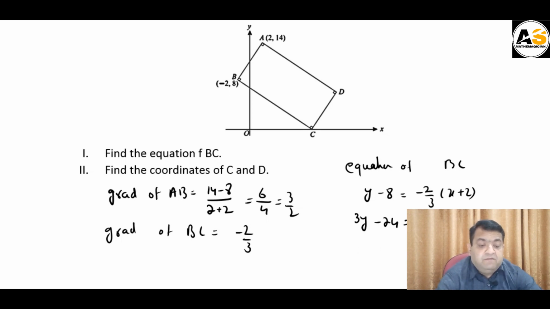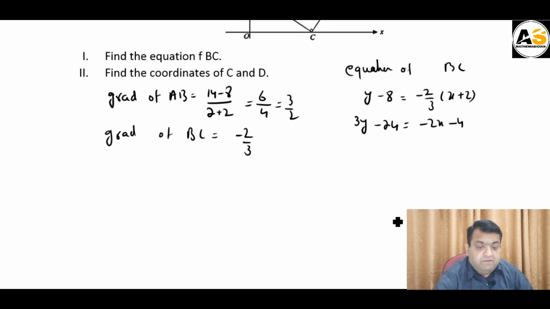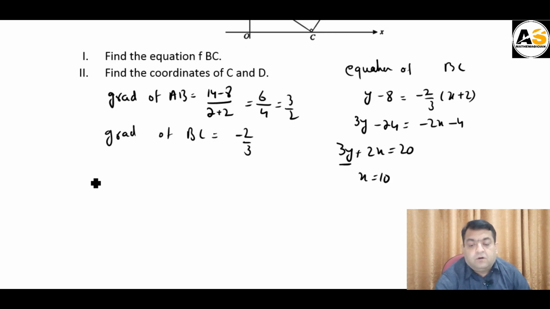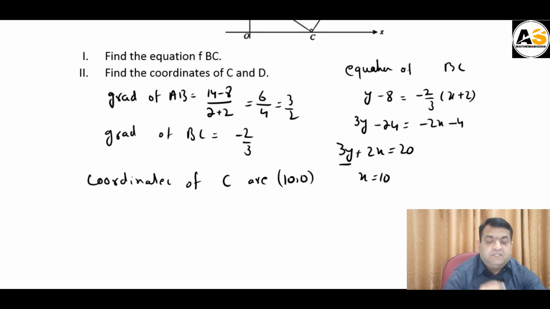When I simplify it, I will get 3y plus 2x is equal to 20. Now, C is the point which lies on BC, and the y coordinate of C is 0. I will put y as 0, I will get x is equal to 10. Coordinates of C are x 10, y 0. I hope this is clear.